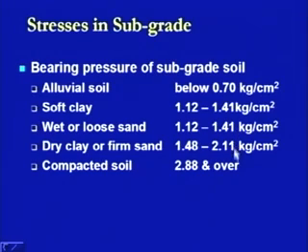For dry clay or firm sand, it is 1.48 to 2.11 kg per centimeter square, and for compacted soil, it is 2.88 and over. So, on the basis of the type of the soil subgrade which is available to us, we have to reduce the stresses to this value, so that this level can sustain the stresses. So, that is why we have to fix up the depth of the ballast cushion on the basis of this value.